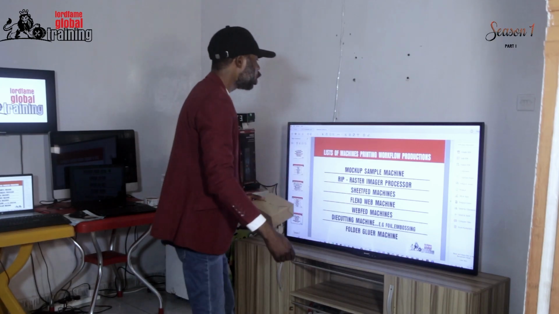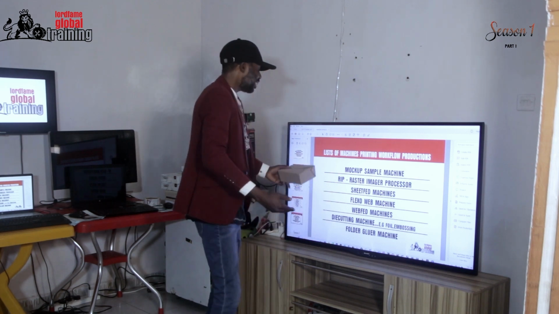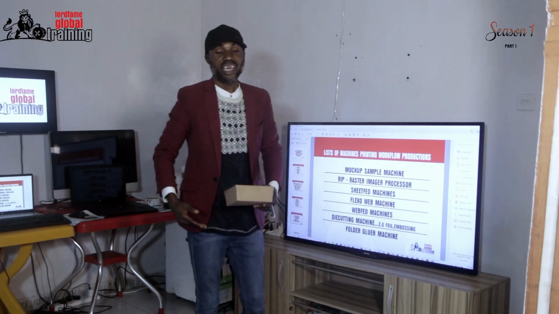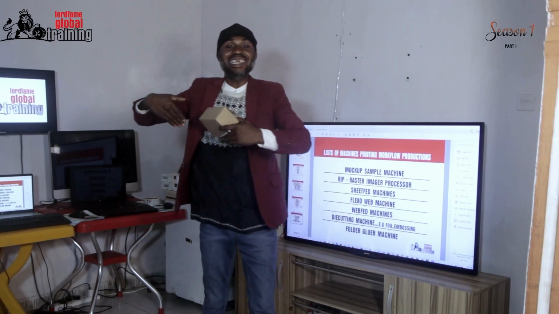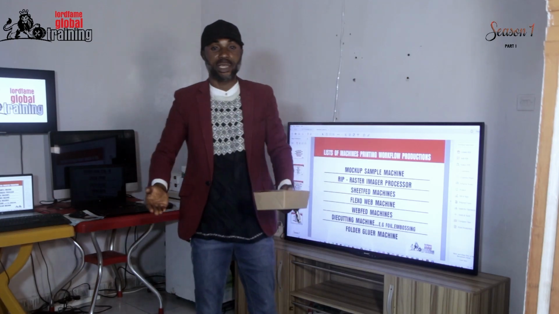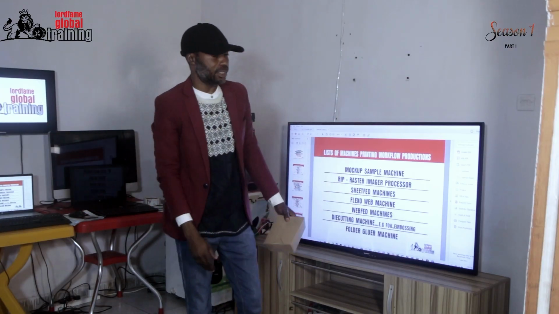And the machine that is going to make that plate is the machine we call RIP, raster image processor. It will transfer the image to the plate in a negative way before they send the plate to the press.